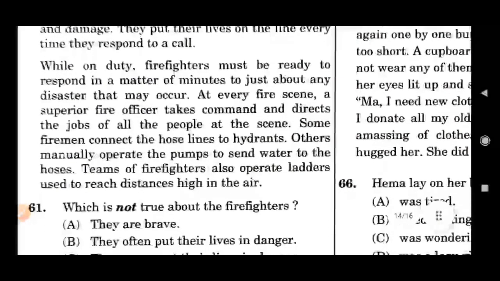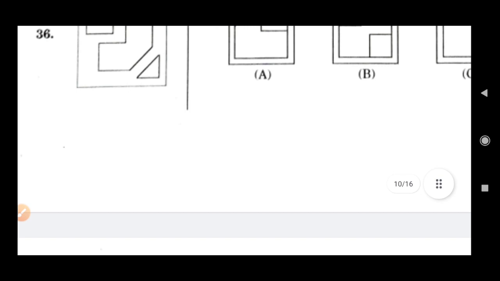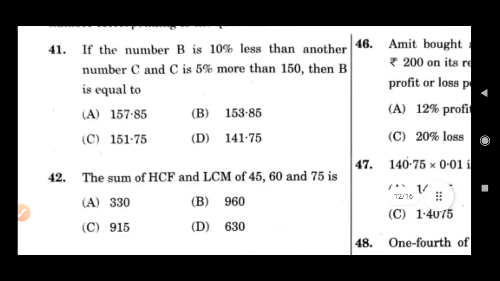While on duty, firefighters must be ready to respond in a matter of minutes to just about any disaster that may occur. At every fire scene, a superior fire officer takes command and directs the jobs of all the people at the scene. Some firemen connect the hose lines to hydrants. Others manually operate.